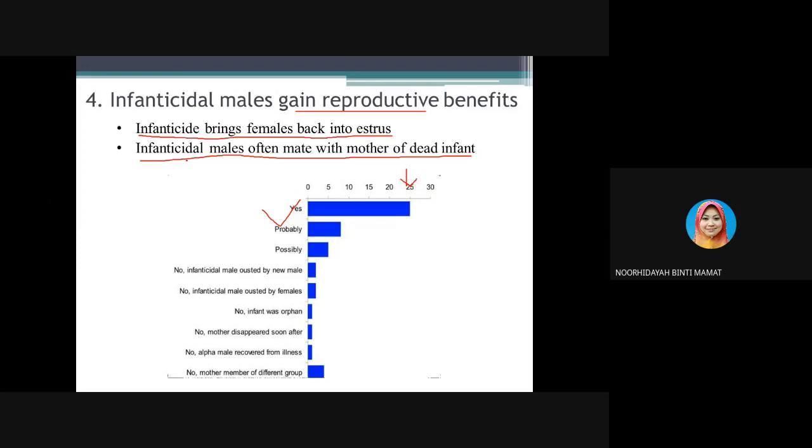So infanticide actually gives benefits to the males. It is a strategy of the males.